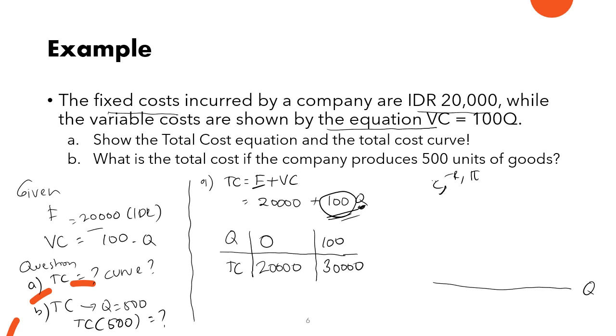I will rewrite that again. So here you can say TC, TR, profit, like that.